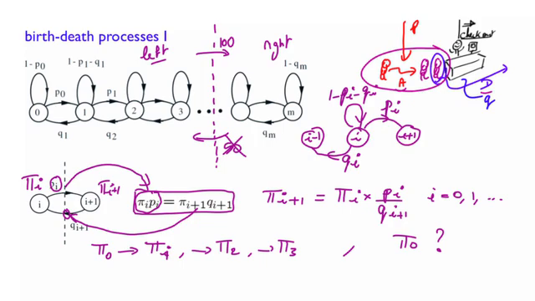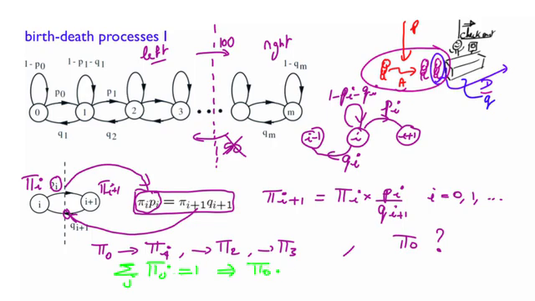It's one more unknown, and we need to actually use the extra normalization condition that the sum of all the pi j has to be equal to 1. And after we use that normalization condition, we can find all of the pi by first solving for pi of 0. How?